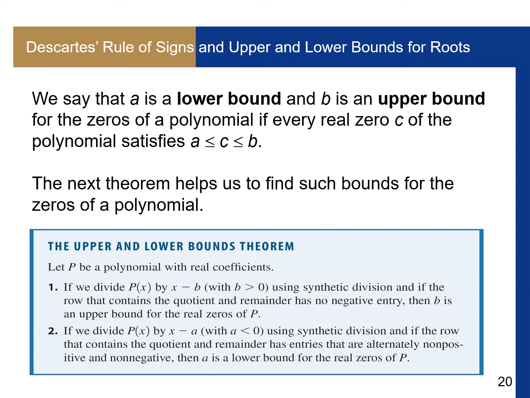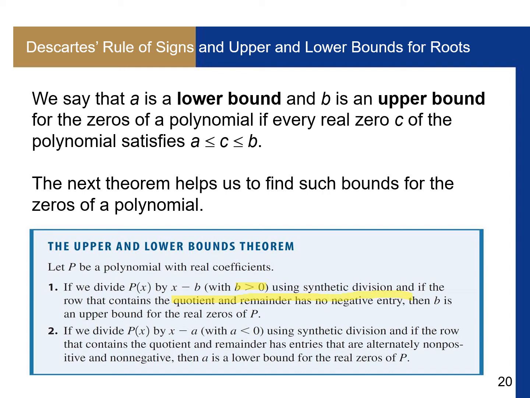Well, if we divide P of x by x minus B, and B is bigger than 0, using synthetic division, if the row contains the quotient and the remainder, and the quotient and the remainder have no negative, then B will be the upper bound.